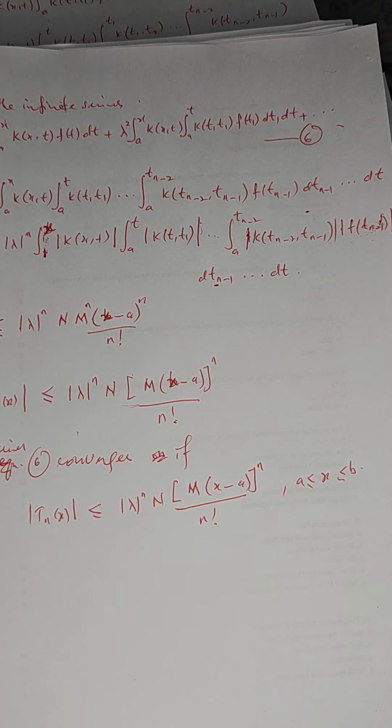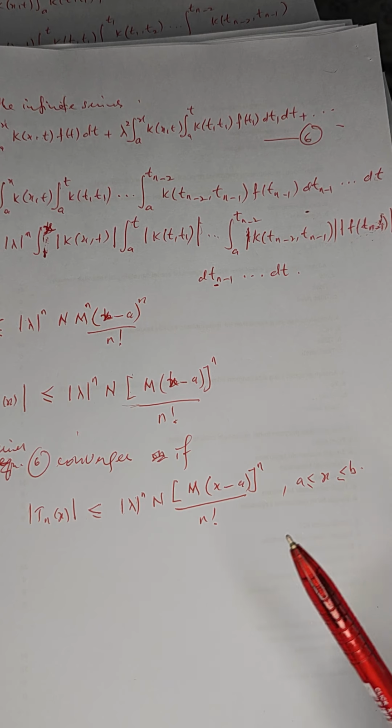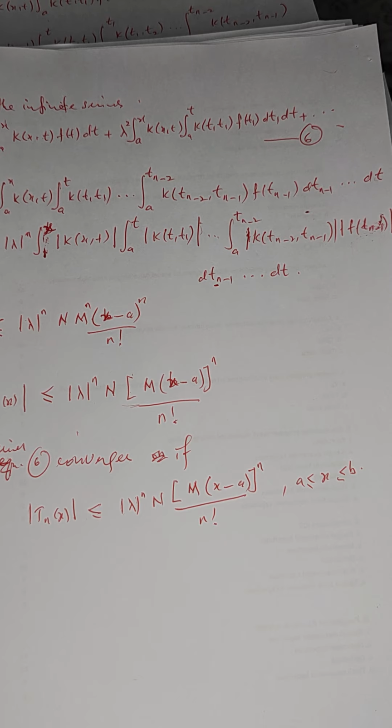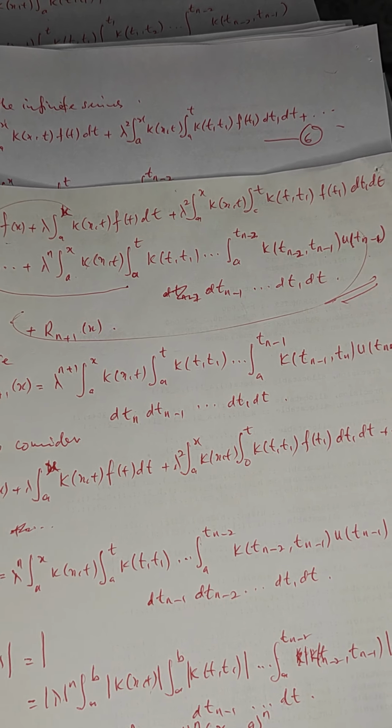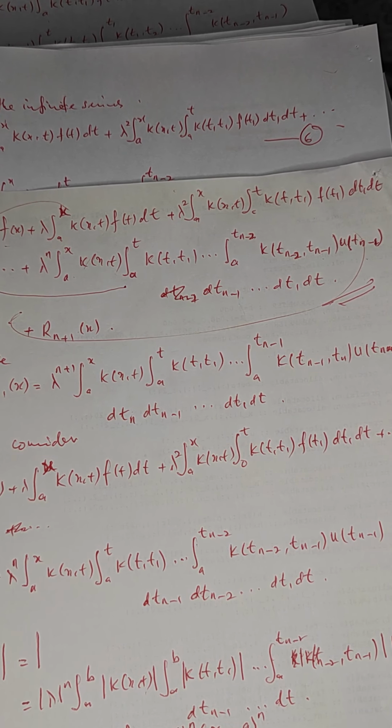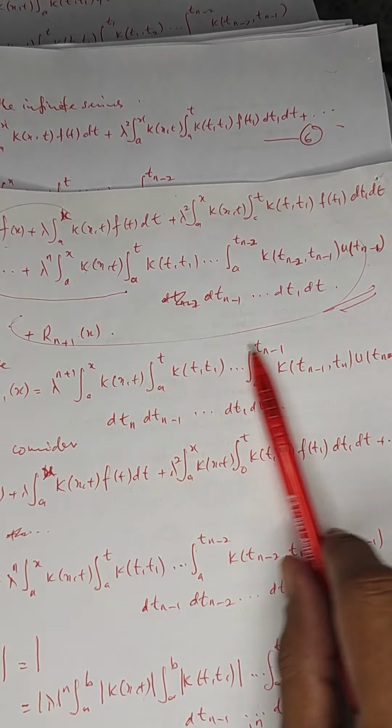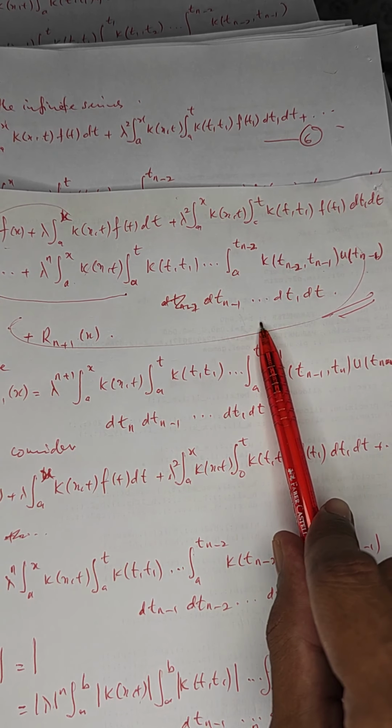Okay, so thus if the Volterra integral equation has a continuous solution, then it must be expressed in those terms. If it has a continuous solution, then the solution must be written in that form.